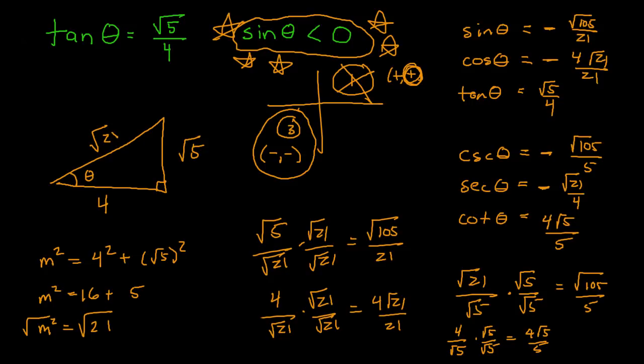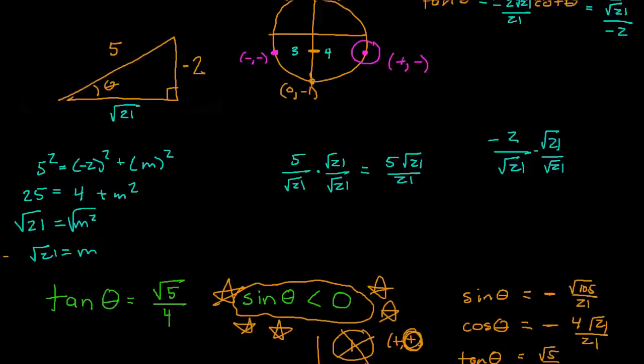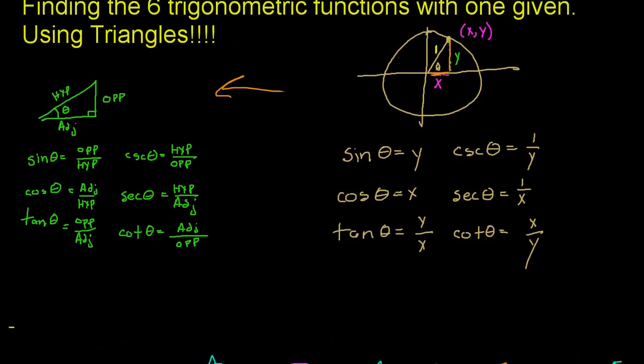So that is how you find the trig functions using a triangle. It's literally as simple as drawing a triangle and using what you know from the triangle trigonometry. So if you're given sine, draw the opposite, draw the hypotenuse, use Pythagorean theorem to find the adjacent. And that's true for any of these, because for any one of the 6 trig functions, you'll know 2 things.